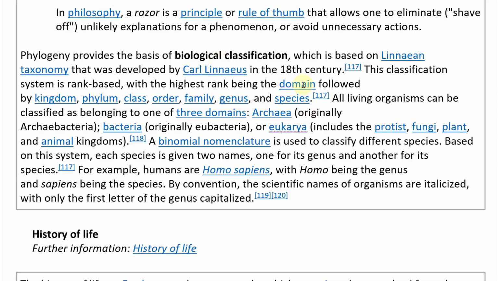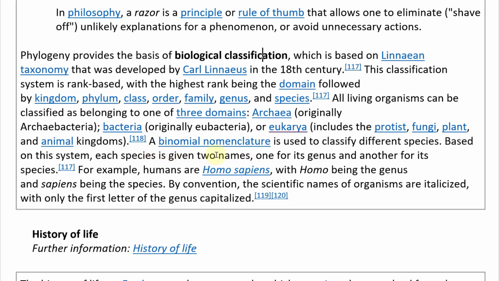I went over this earlier in the video. All living organisms can be classified as belonging to one of three domains: Archaea, originally Archaebacteria, bacteria, originally Eubacteria, and Eukarya, which includes protists, fungi, plant, and animal kingdoms, the ones with a nucleus.